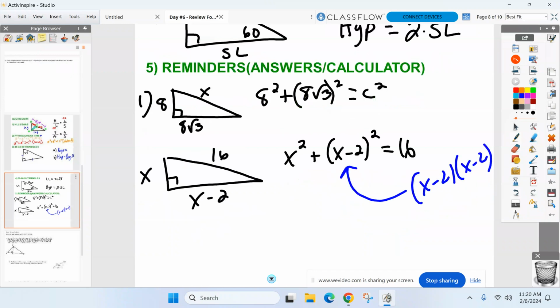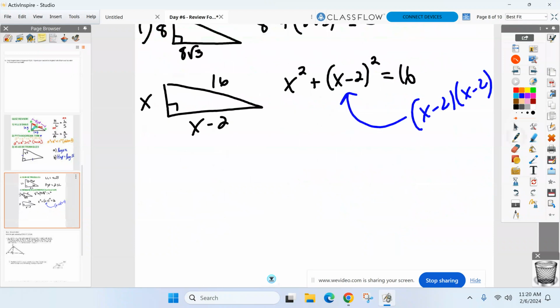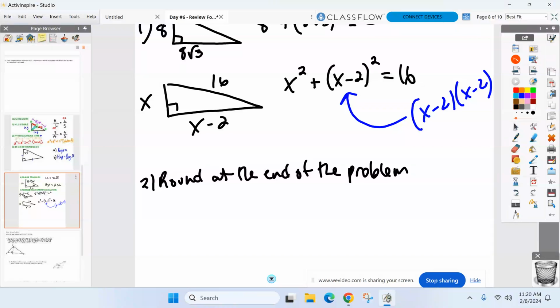I got more reminders. Let's say you have to round your answer to the nearest 10th, 100th, or whole number. When do you round? At the end of the problem. Not midway. You write out the full decimal on your calculator. Round at the end.